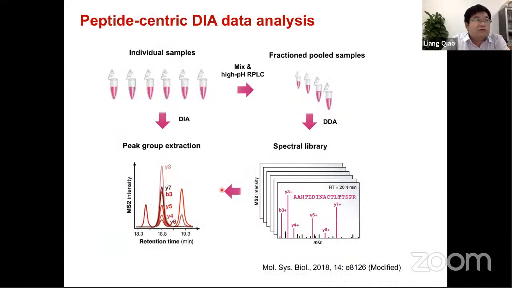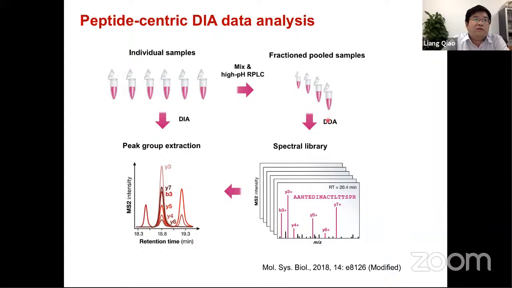So the typical strategies include the peptide-centric DIA data analysis and the spectrum-centric DIA data analysis. In the peptide-centric DIA, we first pool all the samples and then perform the fractionation.